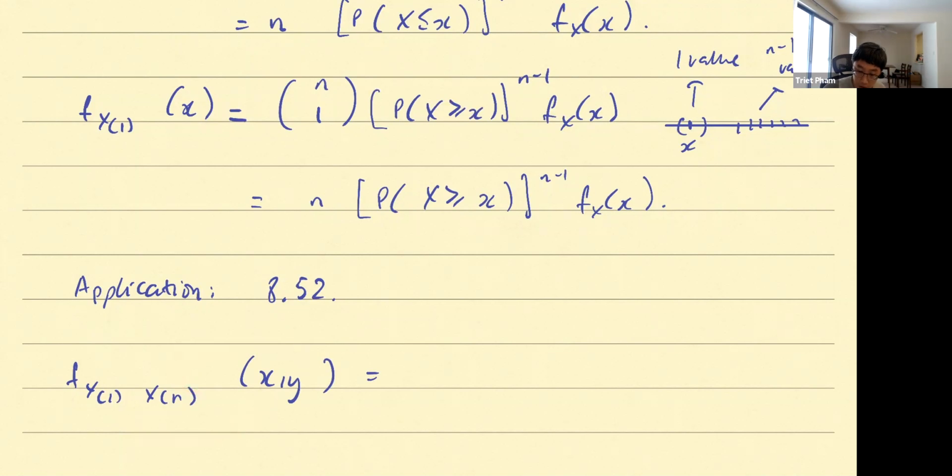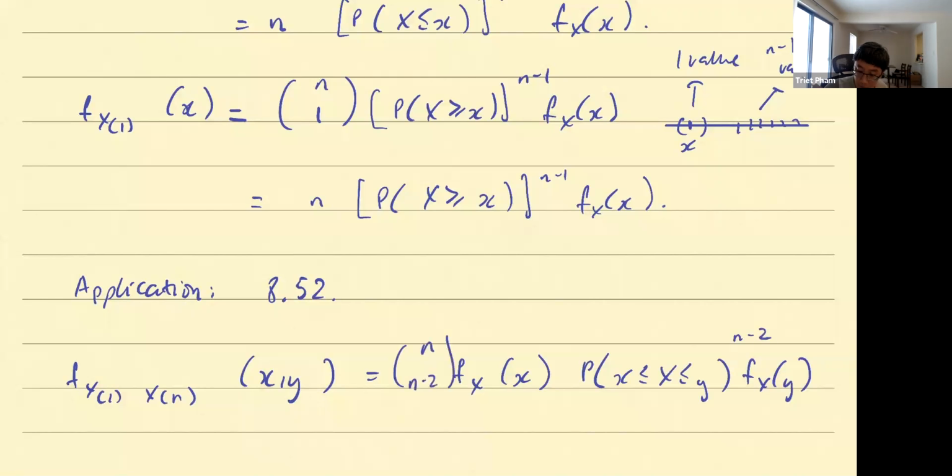Let me just show you the logic. It must mean that one value is at the min, one value is at the max, and n minus 2 values must be in between. How many ways can this happen? N choose n minus 2. And that's it. That's exactly what they ask you to establish in 8.52.